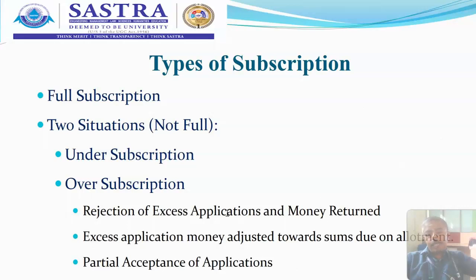Here a company cannot allot more shares than what it has offered. In case of oversubscription, the company has a few options. One option is rejection of excess applications and the money to be returned.